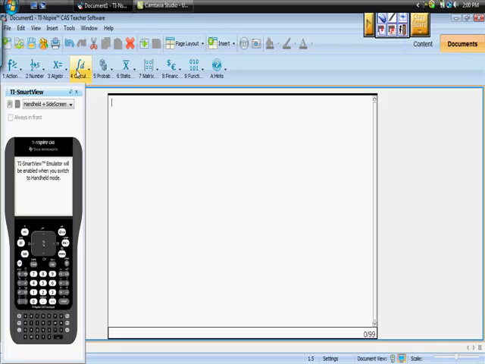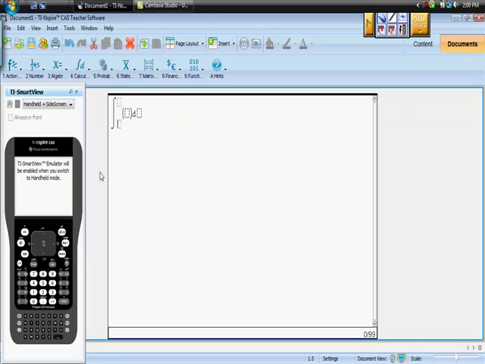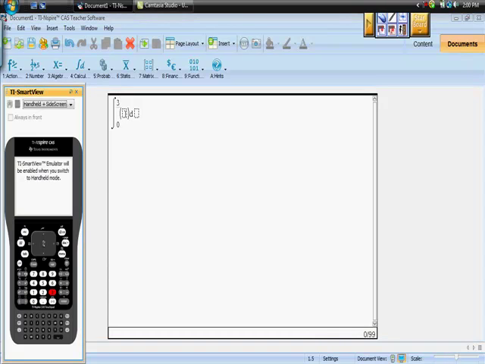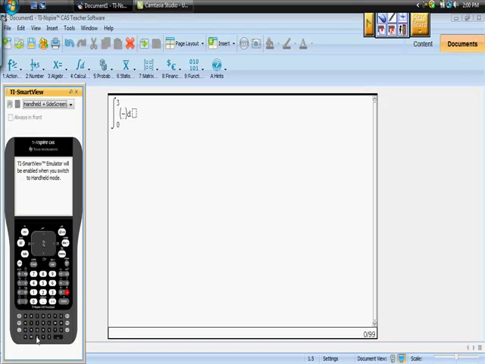Go to your menu button, and one of your choices will be calculus. From calculus, please choose the integral. And we know what it is. We want it to be from 0 to 3, don't we? And we set this up as negative x squared plus 3x.